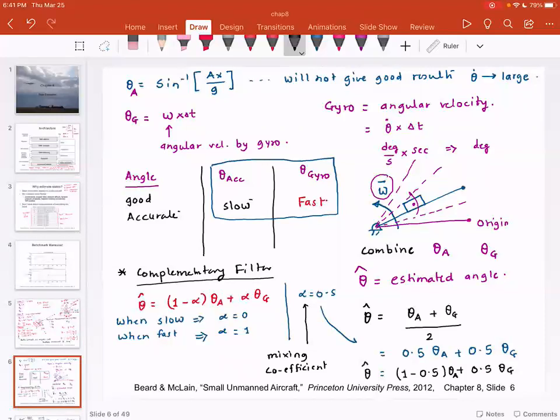When it's moving slow, I would use alpha equal to 0, which means my estimated state will be equal to the measurement of the accelerometer. And when I'm moving fast, I would change my alpha to 1, and alpha would vary between 0 and 1.